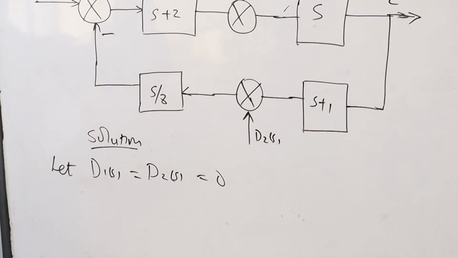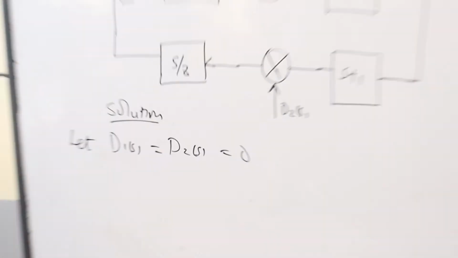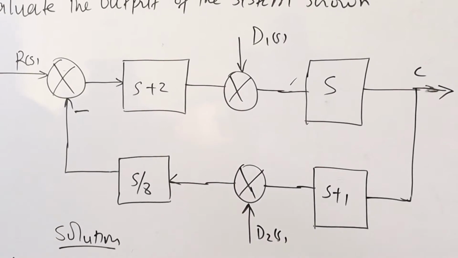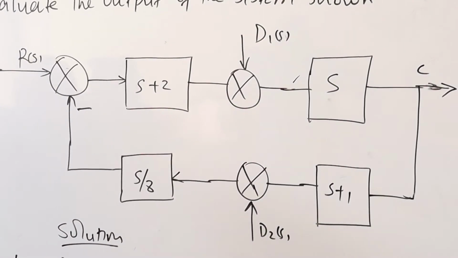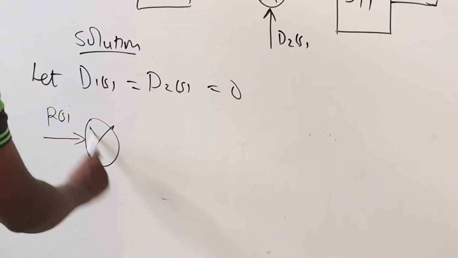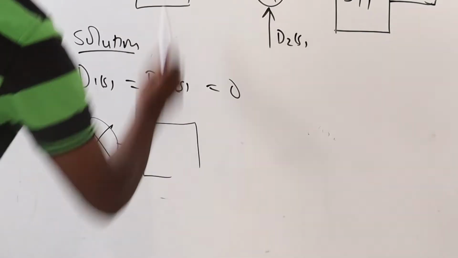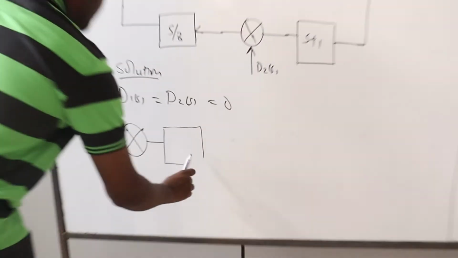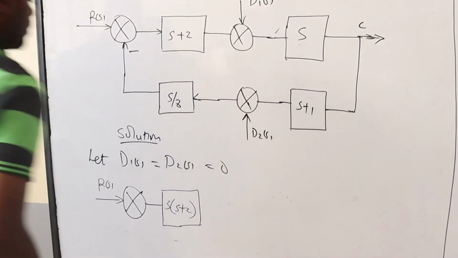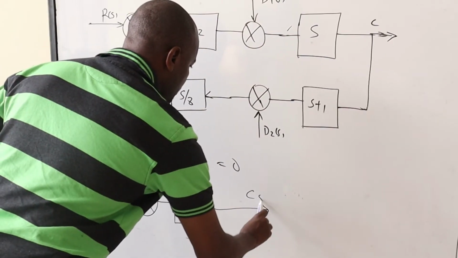If you let that be the case, then what we are going to have is a block diagram like this, whereby we are going to have r of s, then this one and that one will now be in series, so we can talk of s into s plus 2 using the block diagram method, and of course c of s.